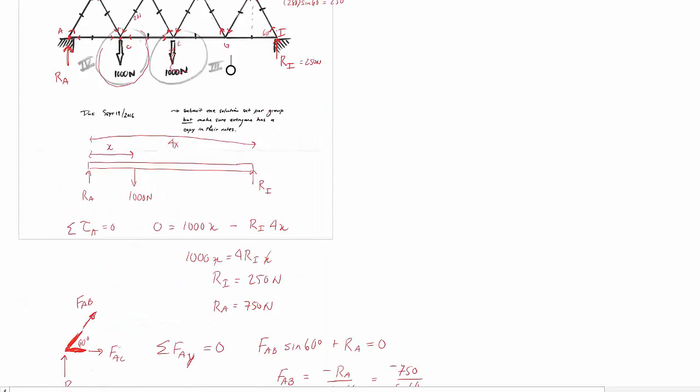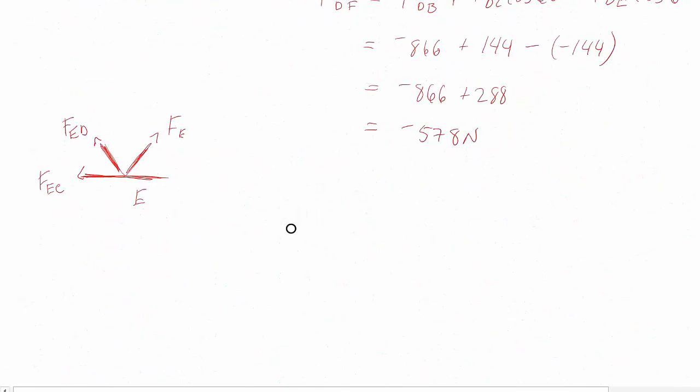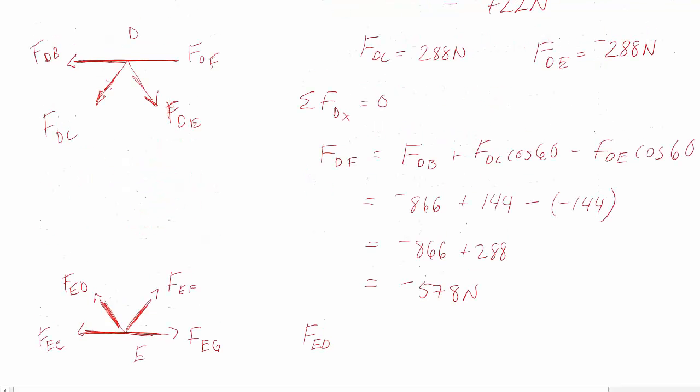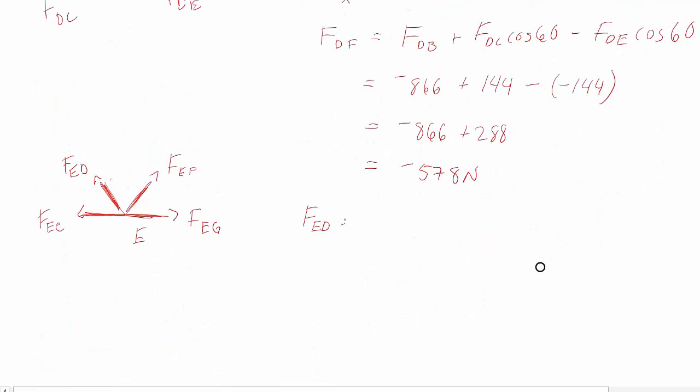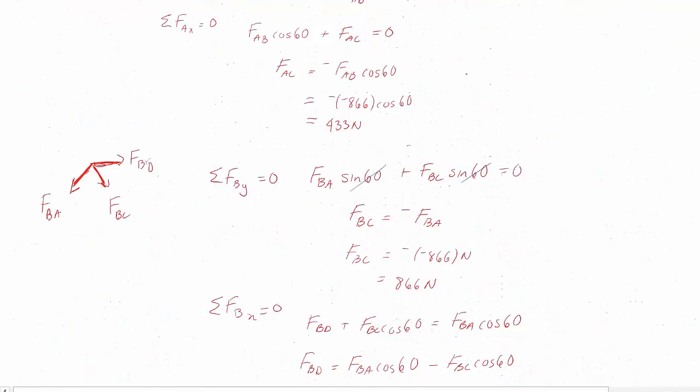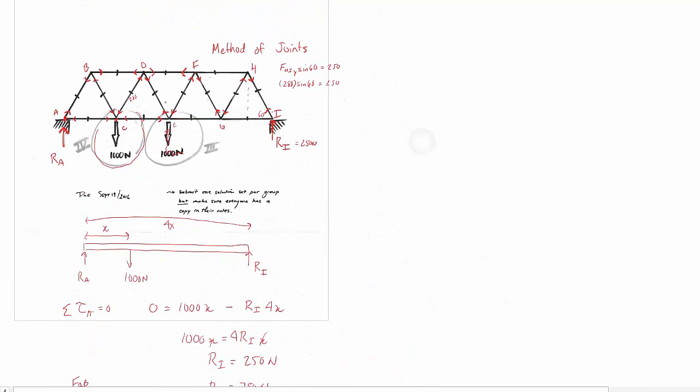That's F, and then G at the bottom. Okay, so that's the sketch of that joint. We know the diagonal member, so FED was a negative, and therefore FEF we know is positive. So that means it's in tension. I can always come back up my drawing and check that that matches what I'm thinking. And yes, I've shown it in tension.